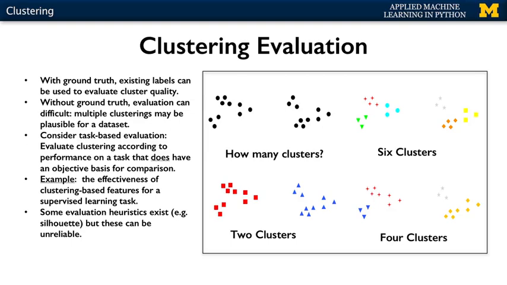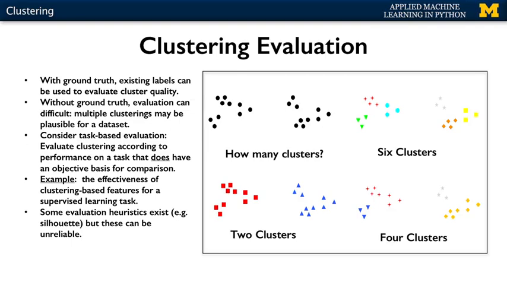In addition, in the case of clustering, for example, there's ambiguity in the sense that there are typically multiple clusterings that could be plausibly assigned to a given data set, and none of them is obviously better than another unless we have some additional criteria, such as performance on a specific application task that does have an objective evaluation, to use as a basis for comparison.